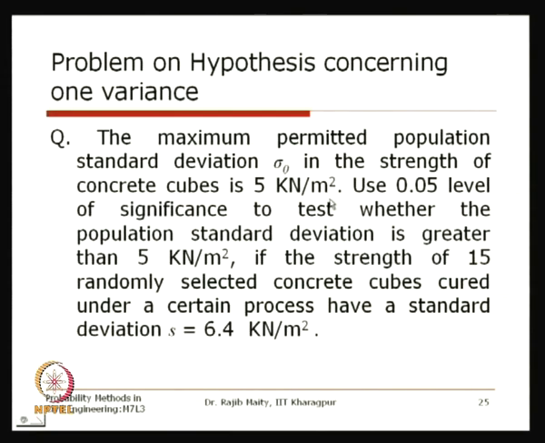If this is our requirement, use the 0.05 level of significance to test whether the population standard deviation is greater than this threshold value of 5 kilonewton per meter square, if the strength of 15 randomly selected concrete cubes cured under a certain process has a standard deviation equal to 6.4 kilonewton per meter square. So, we have taken 15 random samples and the sample standard deviation is 6.4. If we just compare this 6.4 and 5 kilonewton per meter square, it is obviously greater.